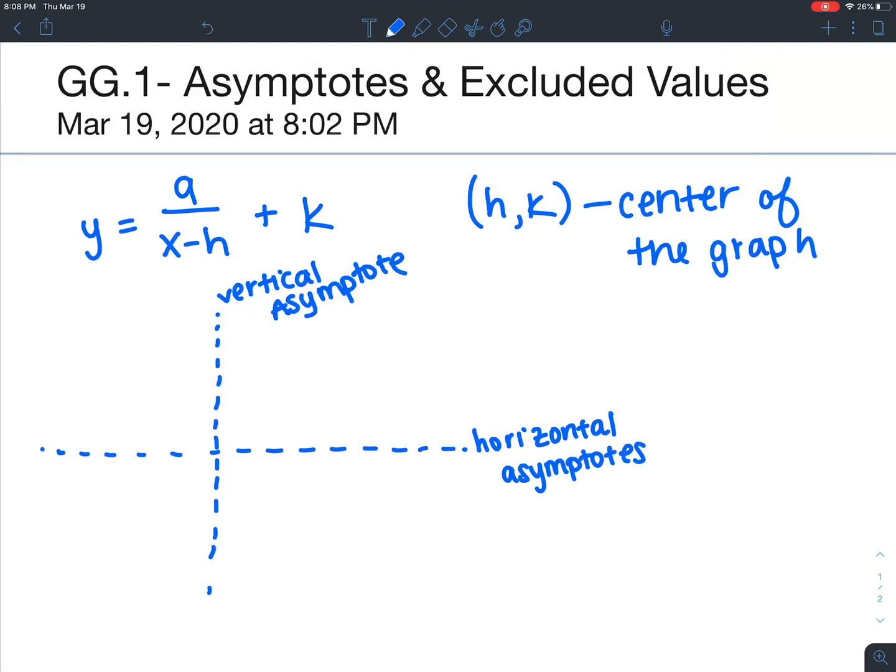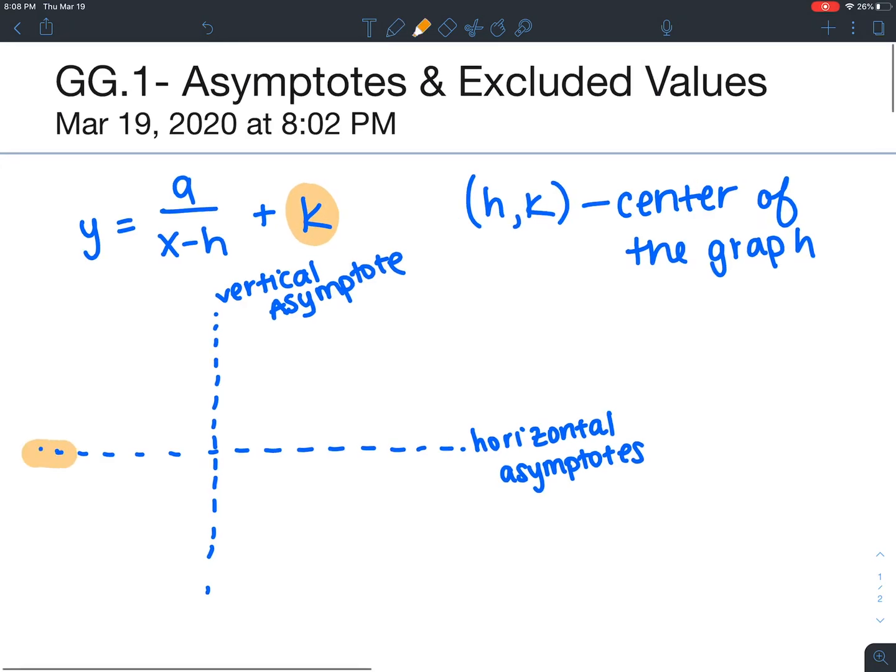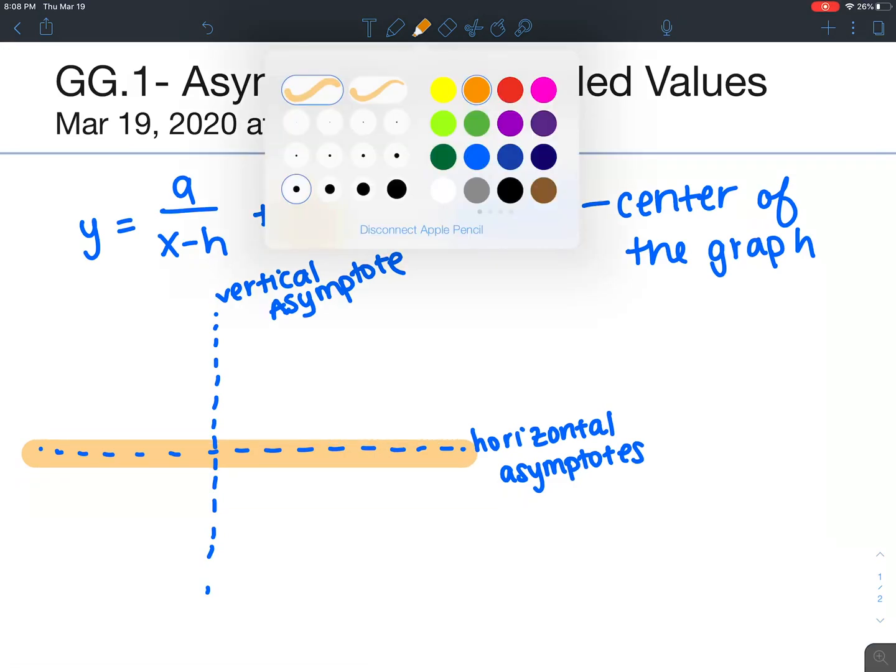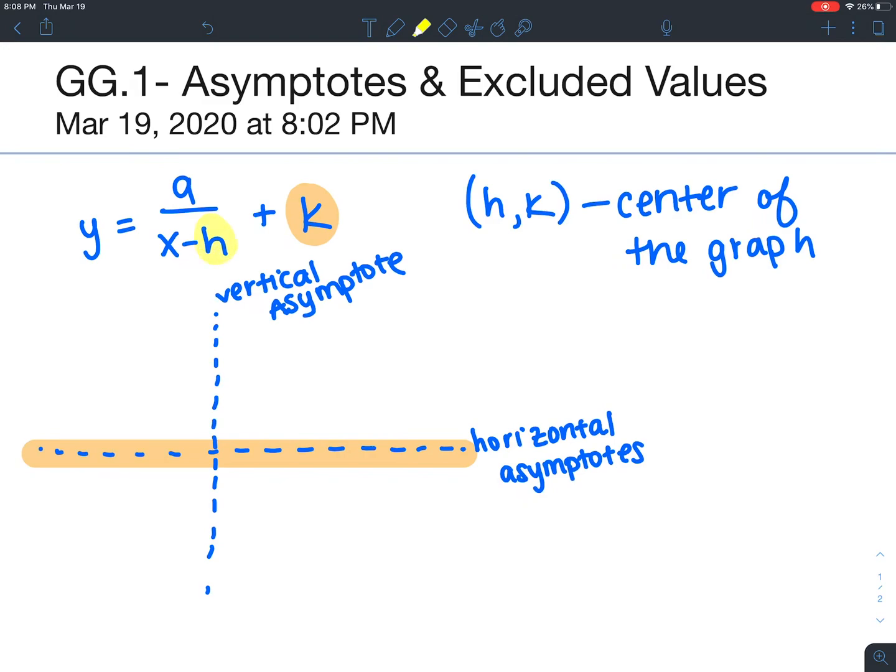The horizontal asymptotes come from this k value, whereas the vertical asymptotes come from the h value. So far we haven't actually drawn the graph of the function, but this intersection is at the point h comma k.